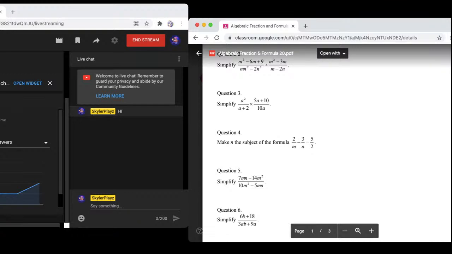Just factor out a squared, a plus 2, factor out the 5 times a plus 2, and divided by 10a. Cancel out the a, and then also a plus 2, and then we simply get 5a.